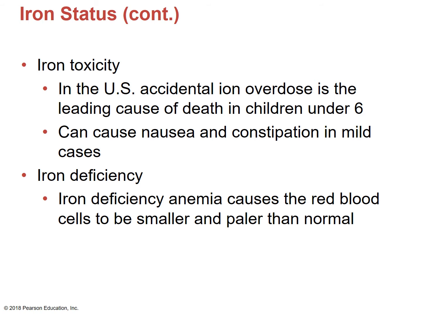Iron toxicity. In the United States, accidental iron overdose is the most common cause of poisoning deaths in children 6 years and younger. Thus, dietary supplements need to be stored well out of reach of children. Symptoms of iron toxicity include nausea, vomiting, diarrhea, dizziness, confusion, and rapid heart rate.